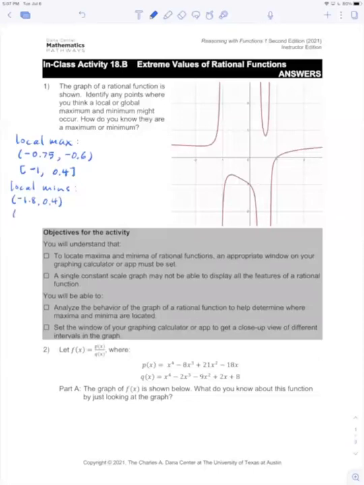And that's on this interval, -infinity to -1. That looks like the lowest point there. And then, how about this point? 0.6, 0.8. And then, here's the interval.